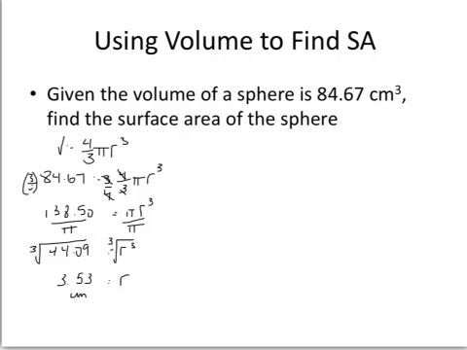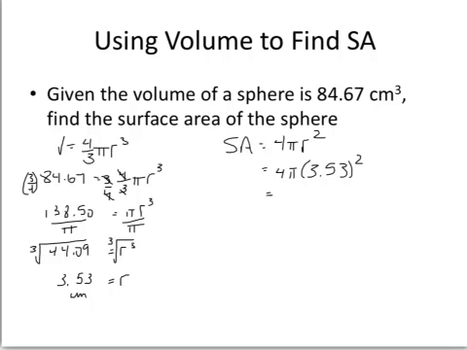Now I have my radius, I can use that to find surface area. The surface area of a sphere is going to equal 4 pi r squared. Since our radius is 3.53, we're going to square that, multiply by 4, and multiply by pi again.